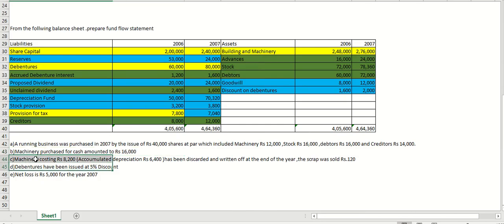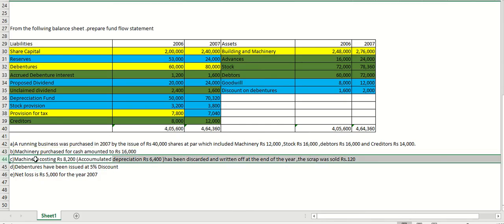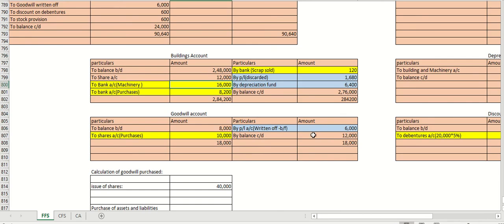Next we have an adjustment telling that machinery costing rupees 8,200, accumulated depreciation 6,400, has been discarded and written off at the end of the year. The scrap was sold at 120. So by depreciation account 6,400. So by bank account, which is sales of 120. I will show you here how we are basically getting it. They are telling machinery cost is 8,200.